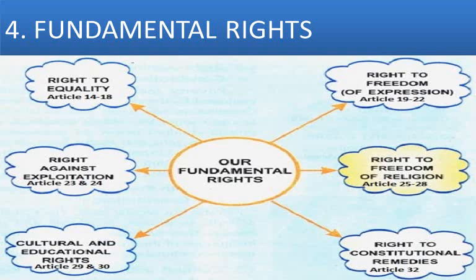Then we have right to freedom of religion. All citizens have the right to practice, profess, or propagate the religion of their choice. So, whosoever wants to propagate or practice any religion, they can do so.